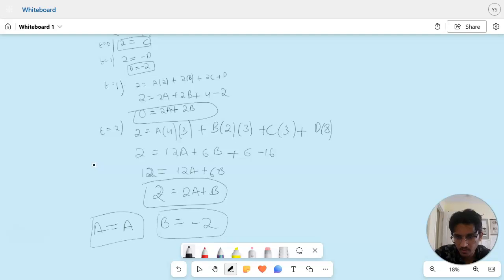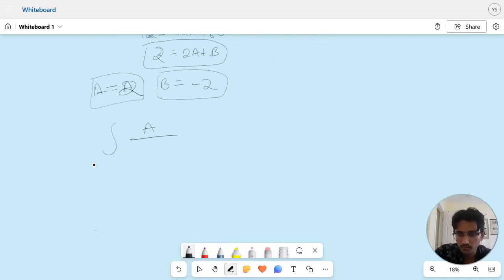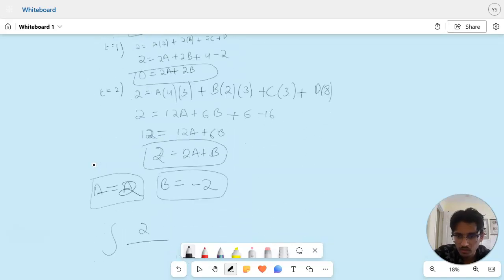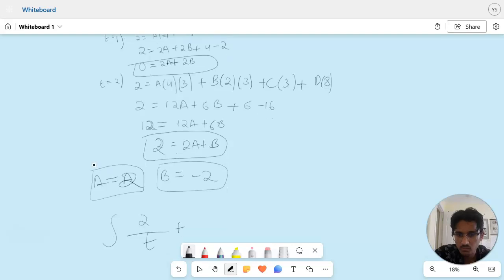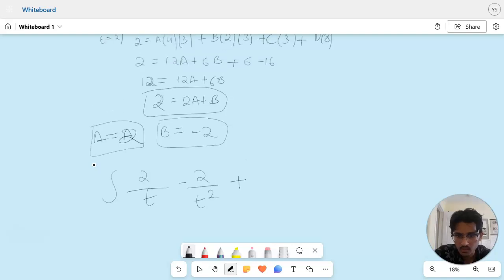Okay, after finding A equals 2, we're going to get the integral of A over, so what did we find A? We found A 2 over T, right? T plus, what is B? -2 over T squared plus C. What is C?